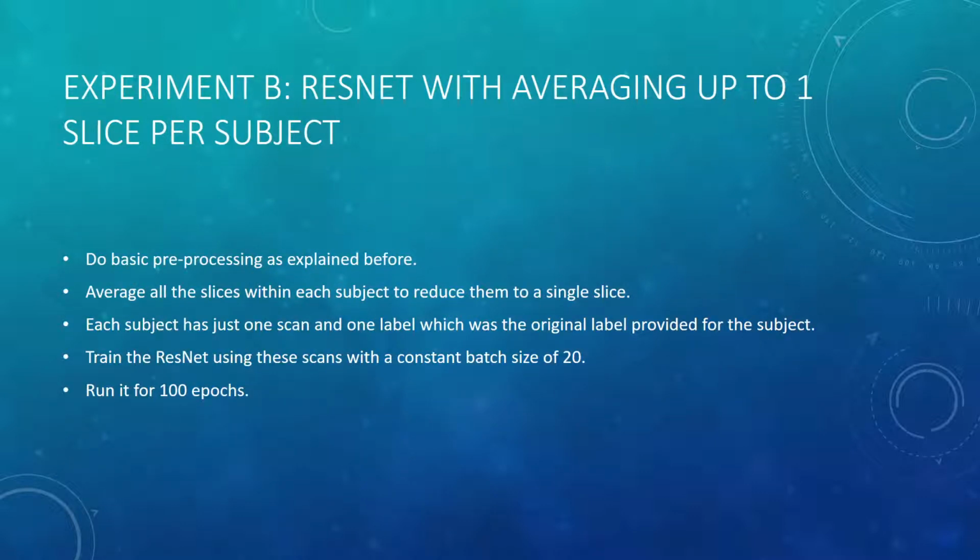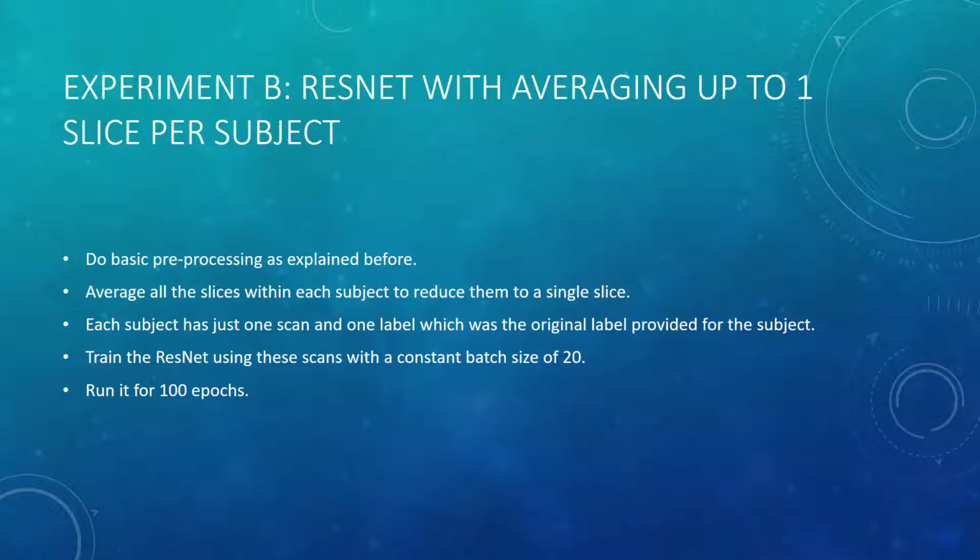In the second experiment, experiment B, we do the basic pre-processing as discussed before, and we do the first kind of averaging. That is, we take all the slices in a particular subject and we average all the values for each pixel to give us a resultant slice per subject.